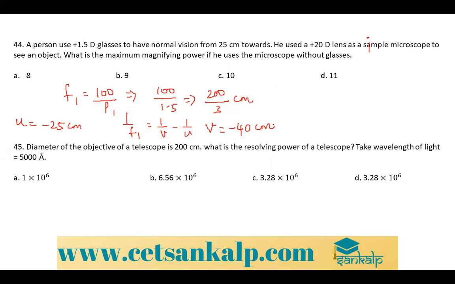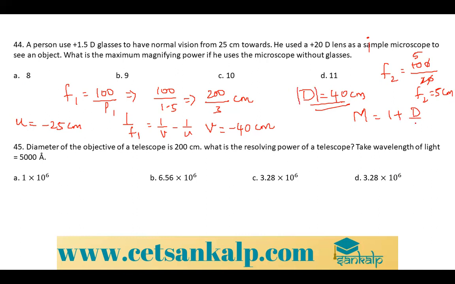Now, what is the near point of the person? It is 40, so D is equal to 40 centimeter. Now we need to find F2. F2 is equal to 100 divided by 20, so F2 is equal to 5 centimeter. The formula for magnification is M is equal to 1 plus D by F2.